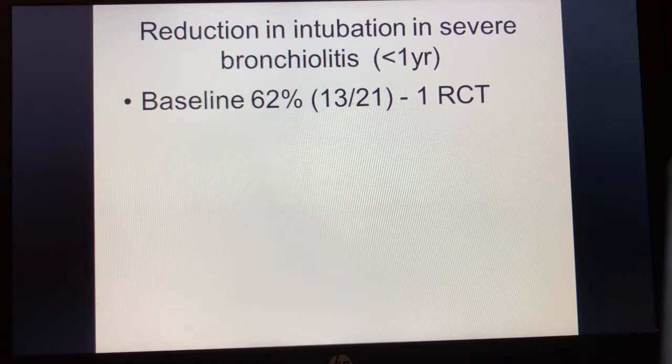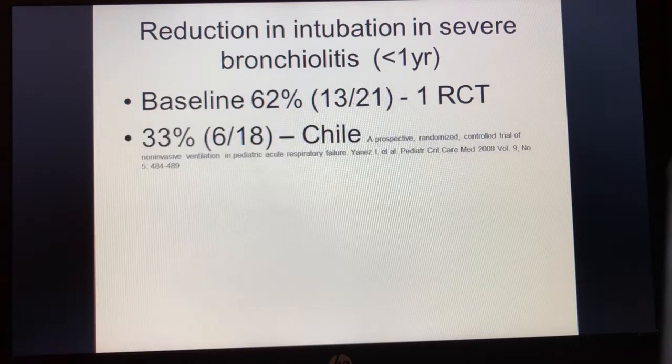The only reputable randomized controlled trial, done in Chile, showed that a baseline of 62%, so 13 out of 21 infants with bronchiolitis who were treated with standard oxygen, ended up having to be intubated, whereas this reduced to almost half, so 33%, so 6 out of 18 infants who were given CPAP, and this was a randomized controlled trial from 2 different centers in South America.